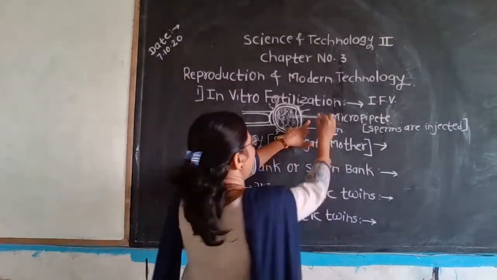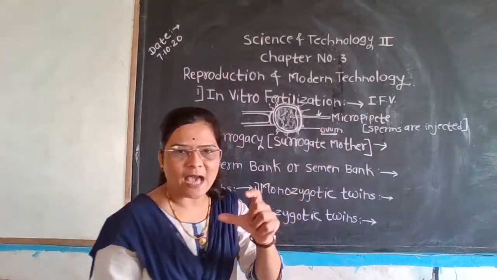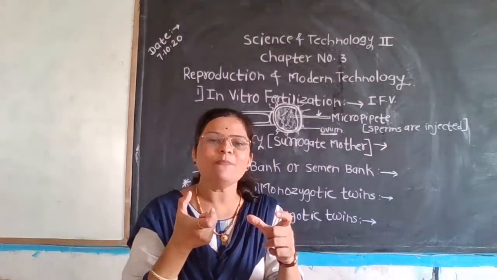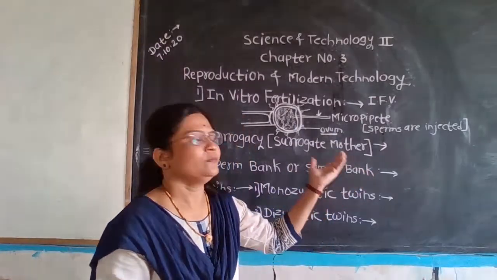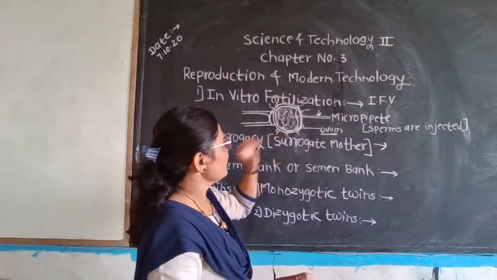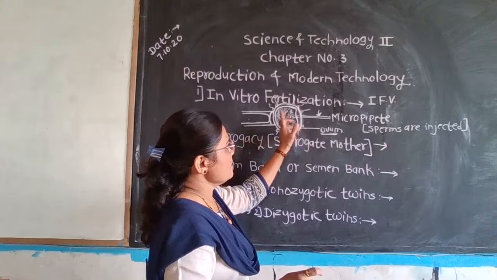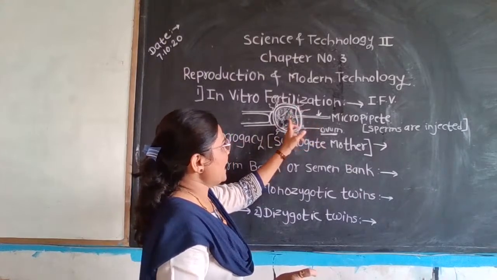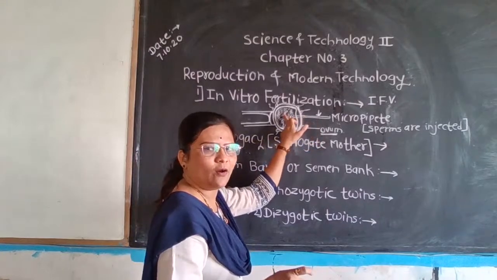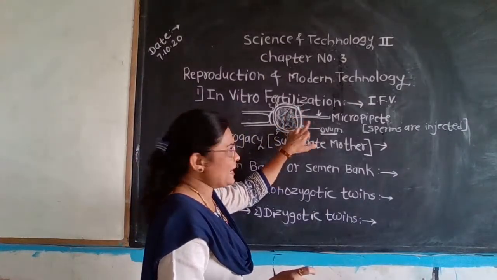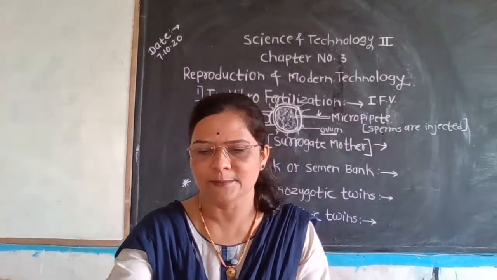See, this is the micropipette, and sperms are collected with the help of that micropipette, and in the laboratory, time to time, this experiment is performed, and at one time there is the successful formation of a male germ gamete and female germ gamete, that is called in vitro fertilization.